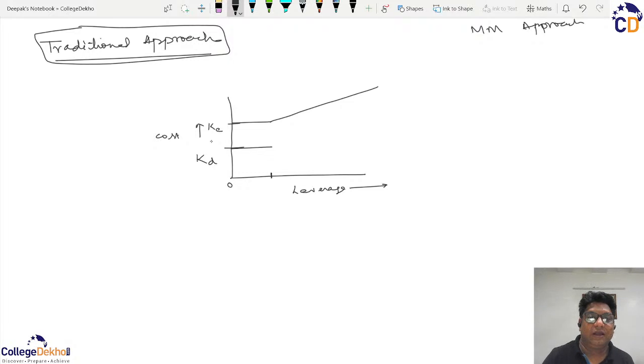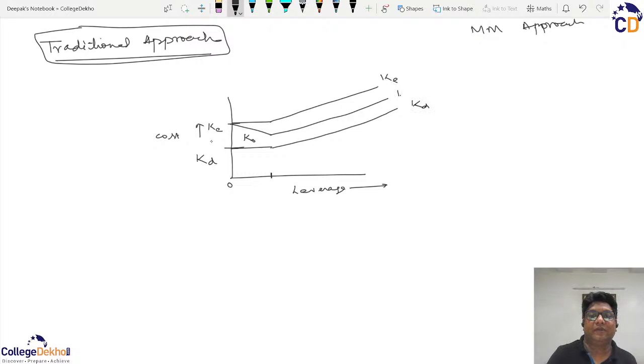And so as a new part of this theory, the KD will also increase. So what will happen here is that till KD and KE were constant, the KO will go down, and when both are increasing, then obviously the KO has to increase.